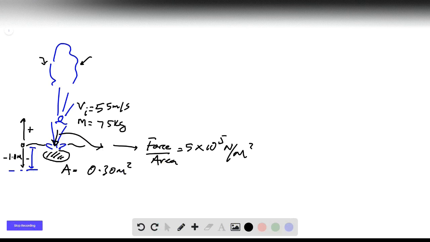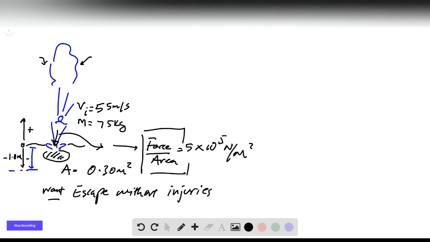So what we want to see is whether they'll escape without injuries. That's our goal, our target. We have to use this as our template: the ultimate strength of the body tissue, and compare the ultimate strength and the impact.